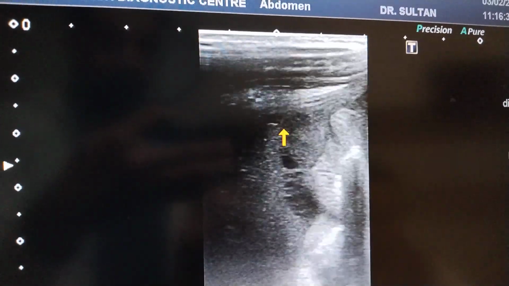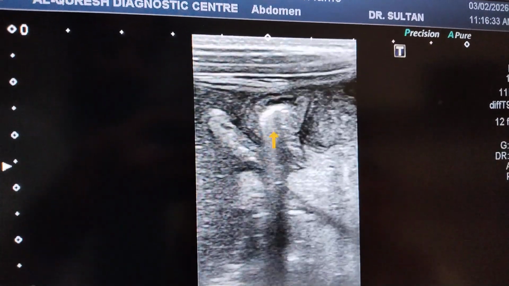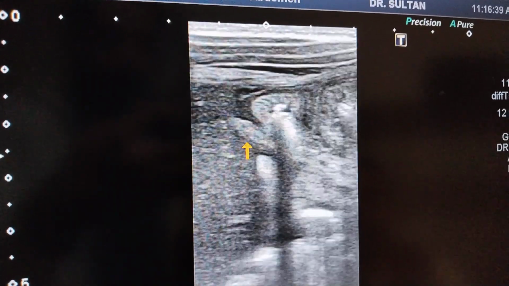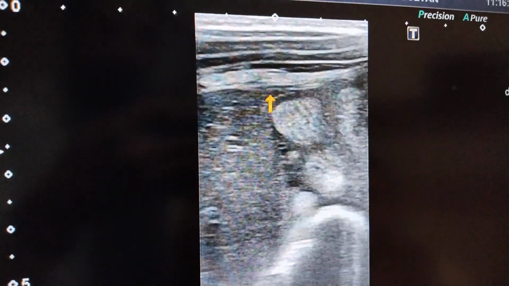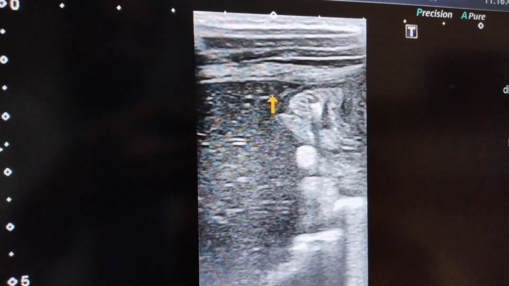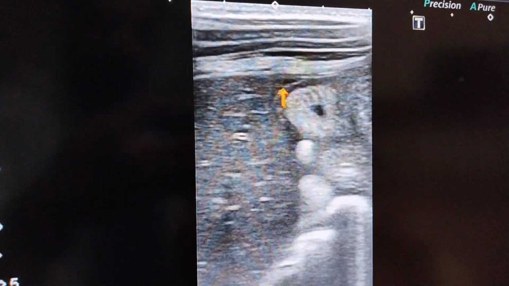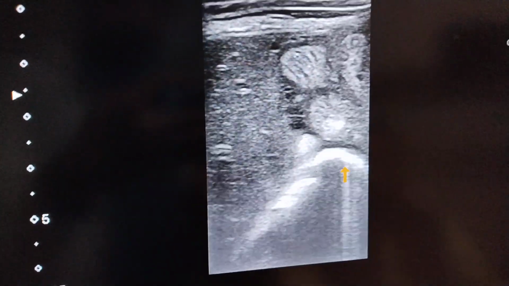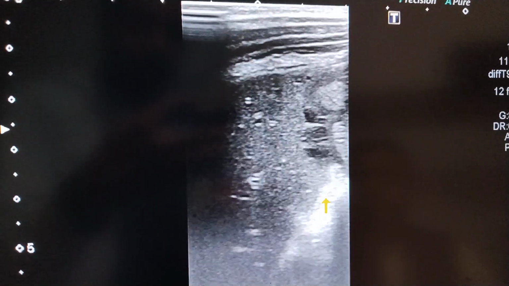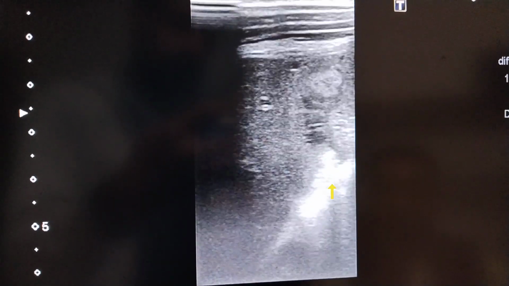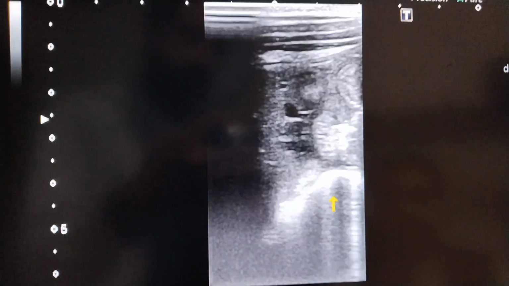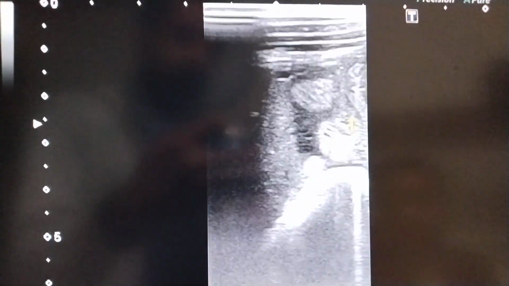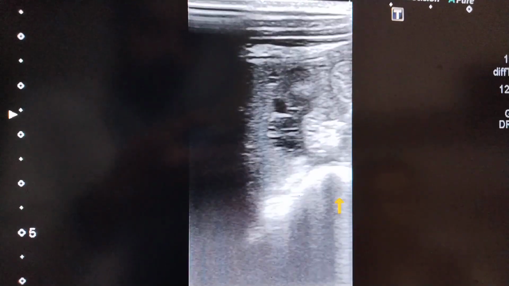If we go further toward the subhepatic region, we can appreciate the small bowel loops of ileum. The edematous loops are present here, and this is the lower pole of the liver. And where is the large bowel? We can appreciate this is the large bowel, which is gas filled and compressed by this edematous small bowel.